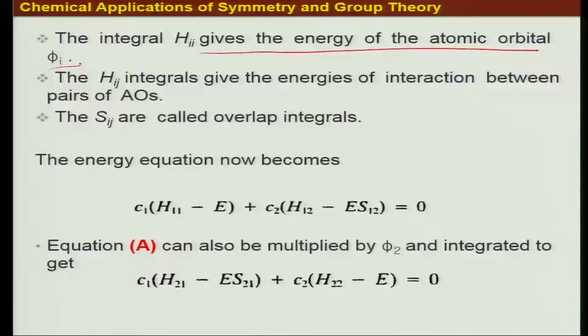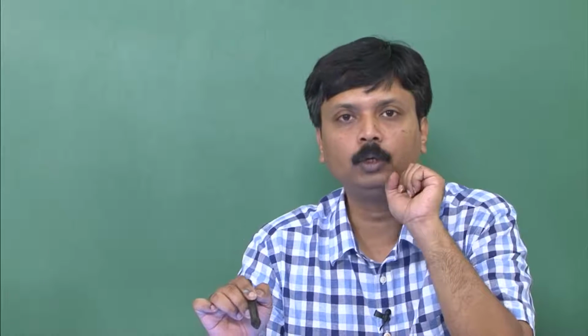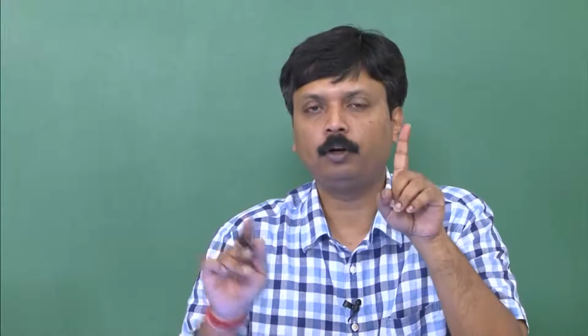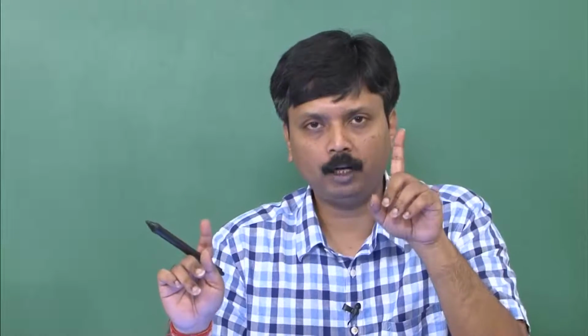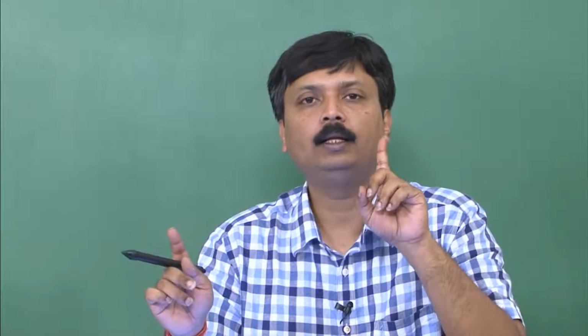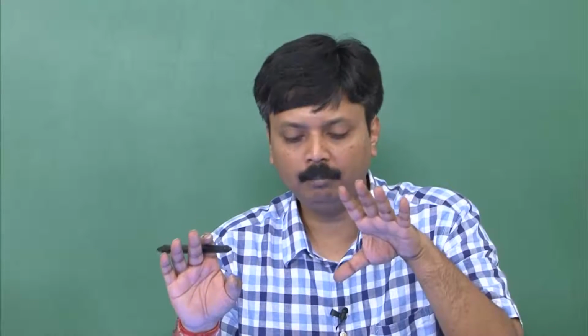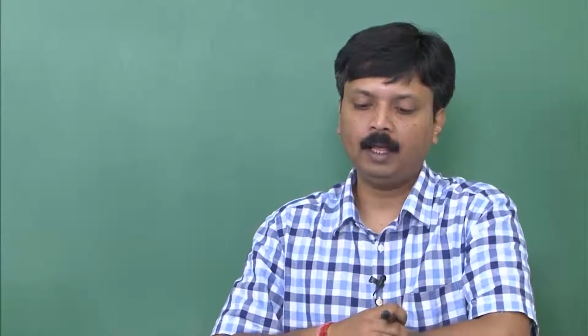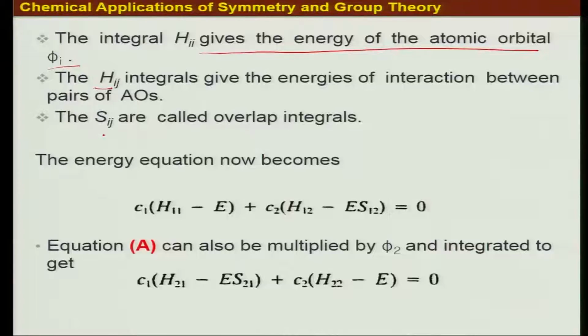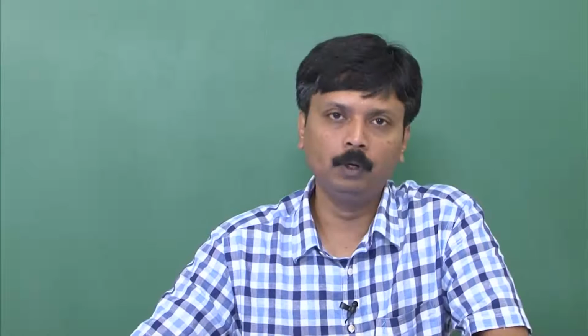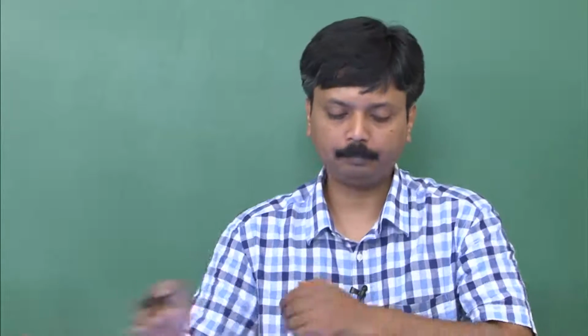So this gives me the energy of the atomic orbital, whereas Hij gives me the energy of interaction between pairs of atomic orbitals, which is not too difficult to understand, because I have two different wave functions corresponding to two different atomic orbitals, and they are interacting energetically, and this integral Hij gives the energy of this interaction. And as I said, Sij is called the overlap integral. So how much the two orbitals overlap is given by this Sij integral.